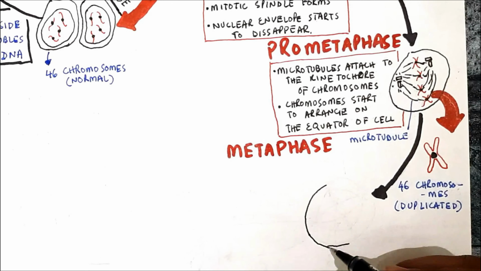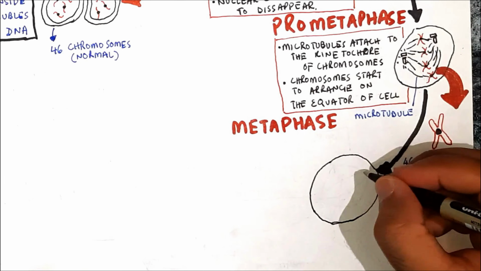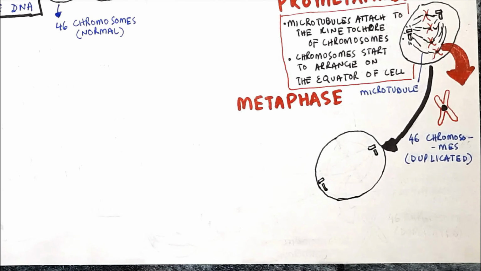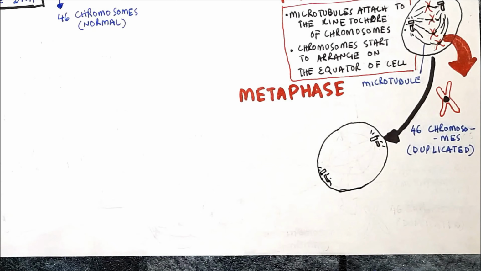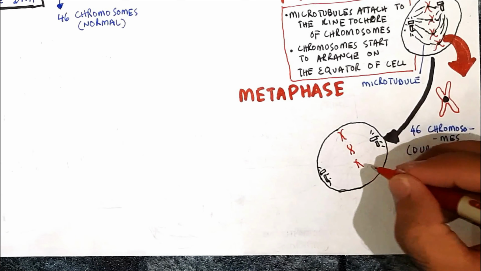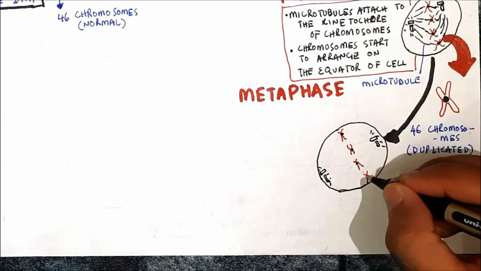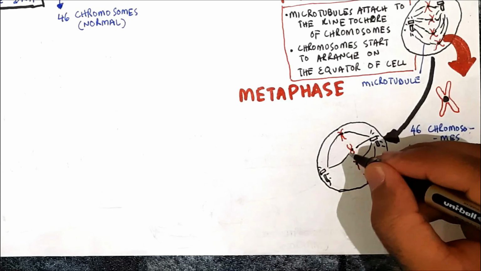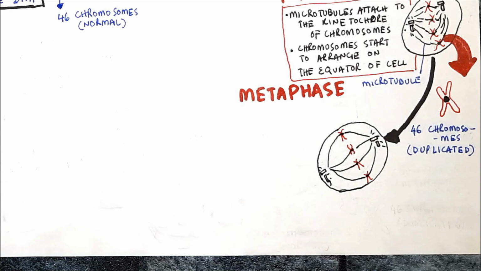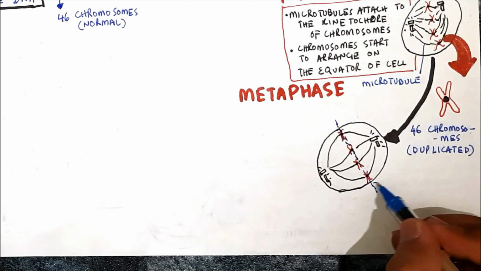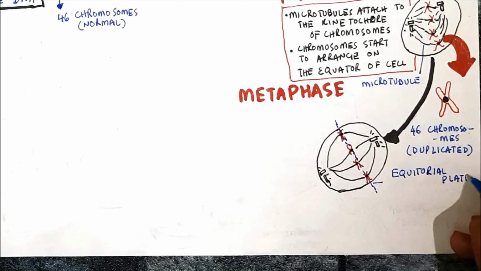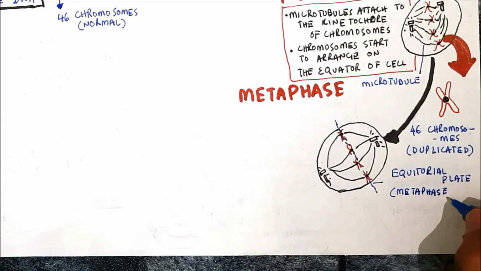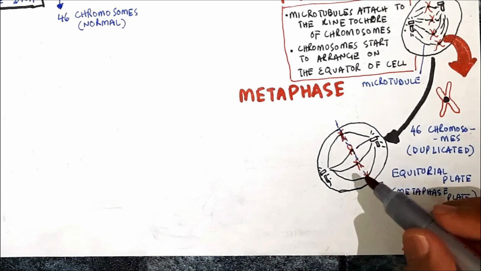Now looking at the next major phase called the metaphase. In this phase, all the chromosomes are exactly arranged at the equator of the cell. That means the middle of the cell. The centrosomes attach to the chromosomes via microtubules onto the kinetochore of the chromosomes. So this here is the center of the cell, called the equatorial plate or the metaphase plate.